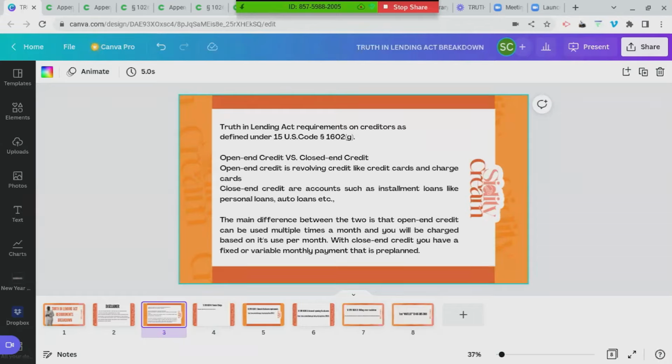If you look at a credit card, you will see that you charge your credit card every month and you're charged based on whatever you use per month. With closed-end credit, or installment loans, personal loans, payday loans, etc., you will have a fixed or variable monthly payment that's pre-planned. So you'll already know what your pre-planned payment is for those types of accounts, and that's pretty much the main difference between the two.